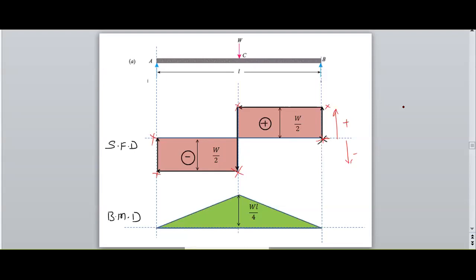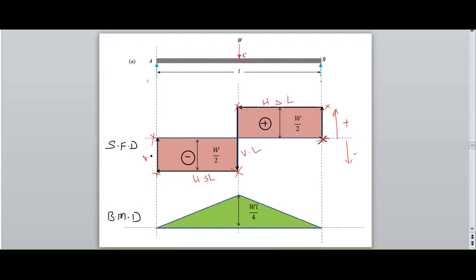Now join all these points. From B, I need to join a vertical line. Next, I will get a horizontal straight line. Next, again a vertical line, and next a horizontal straight line.